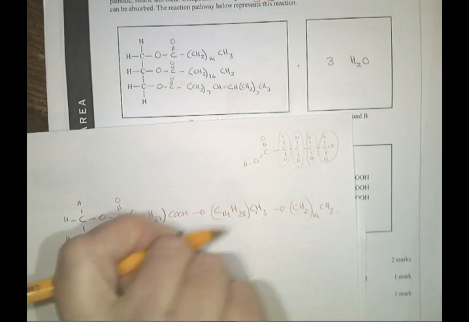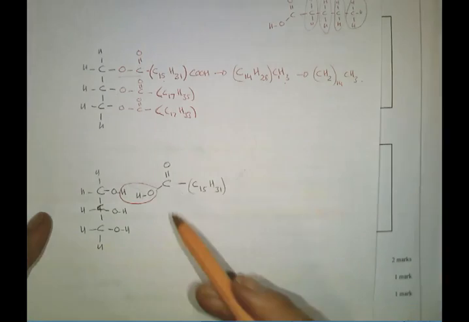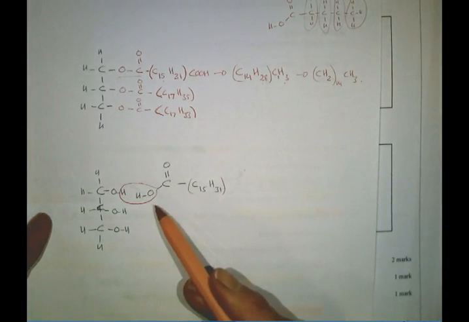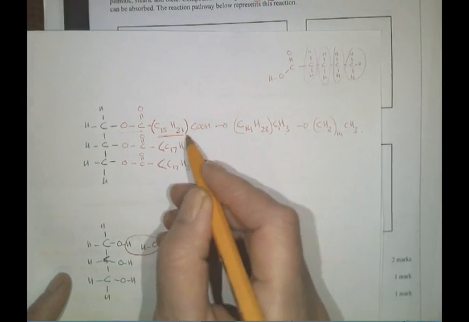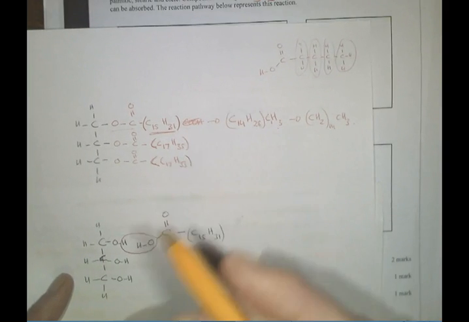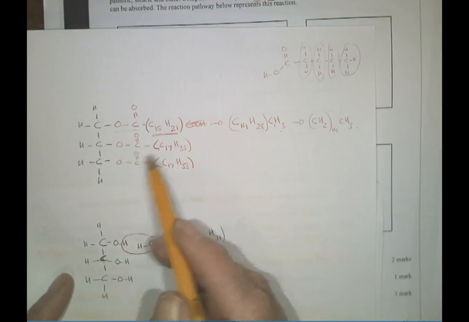So the molecule is turned around so that it's reacting in this direction. So this is if you just picked it up and attached it. And a water molecule is produced each time you do that to make the ester.